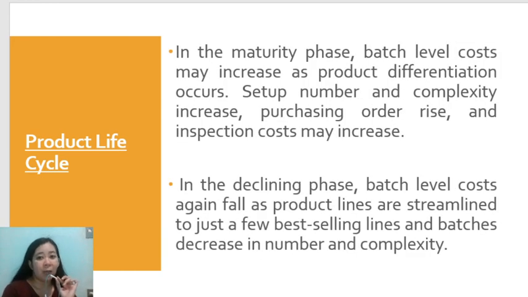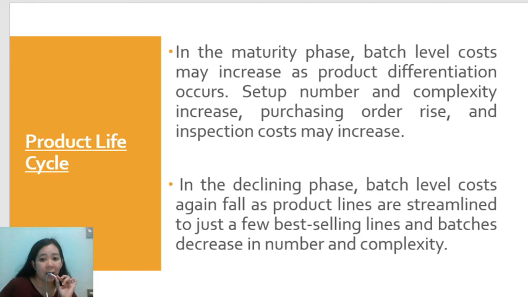So in the maturity phase, batch level cost may increase as production and differentiation occurs, of course, because of the different processes that are now being employed in production. Setup number and complexity will also increase, purchase orders will rise, and inspection cost will now also increase.